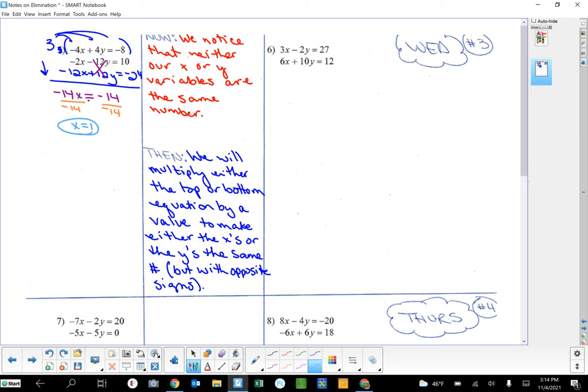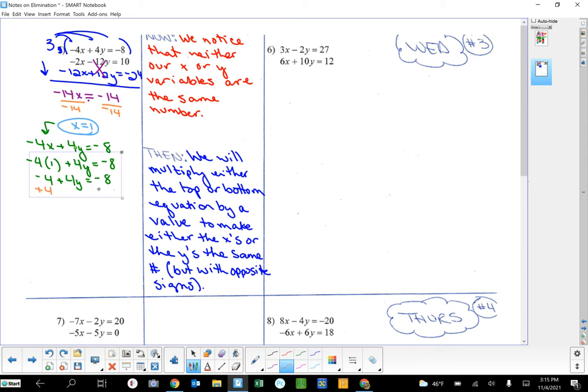And then you guys know that now I'm just going to substitute back in. I'm going to take my top equation. It doesn't matter which one you use, right? I'm just taking my top one, and I'm going to put my x into my equation. So negative 4 times 1 plus 4y equals negative 8. Negative 4, and I'm going to subtract off that negative.